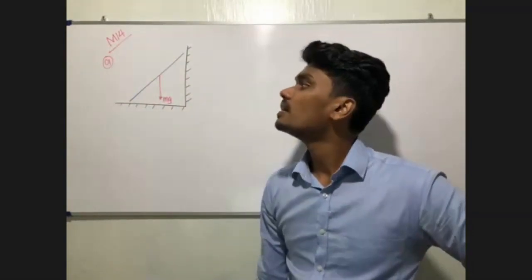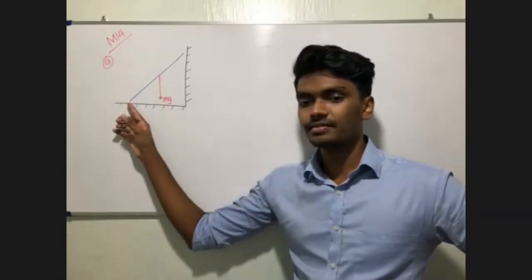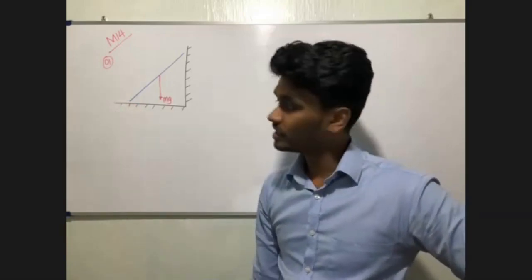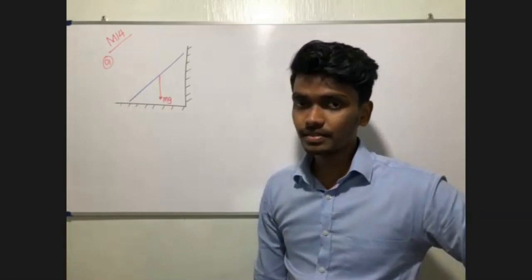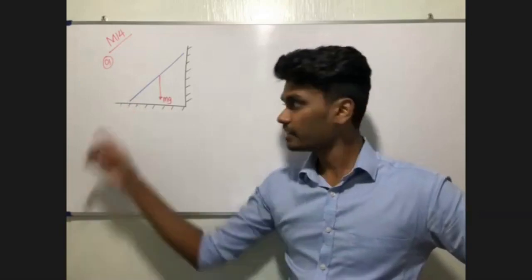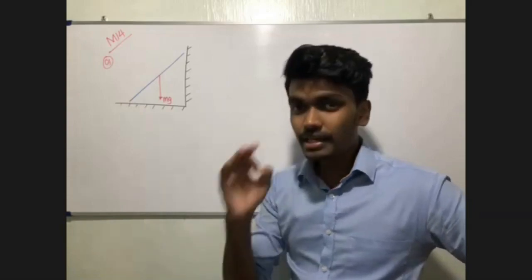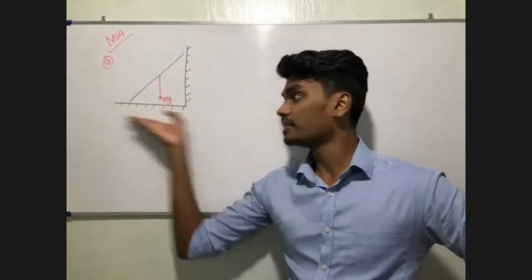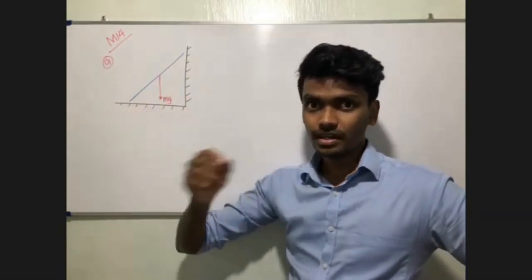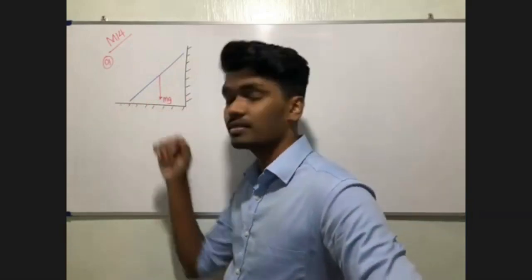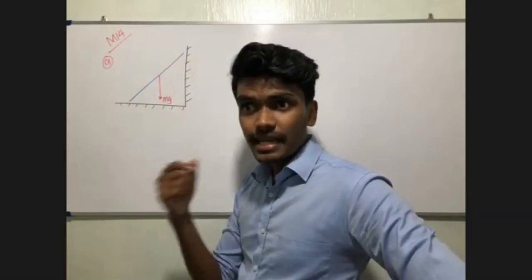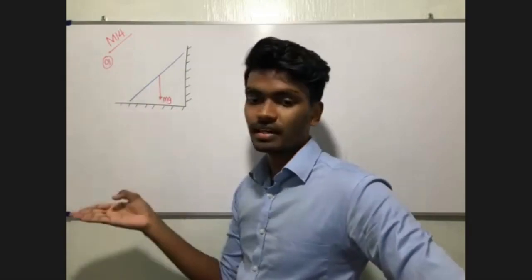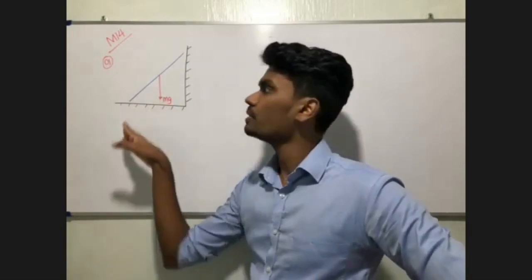Now what? There is a contact surface here, right? If there is a contact surface here, definitely there should be a reaction acting on the object by the surface. If there is a contact surface, then there is a reaction acting on the object from the surface, and that reaction should be perpendicular.